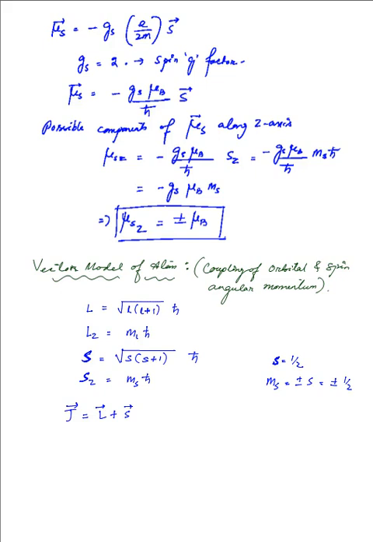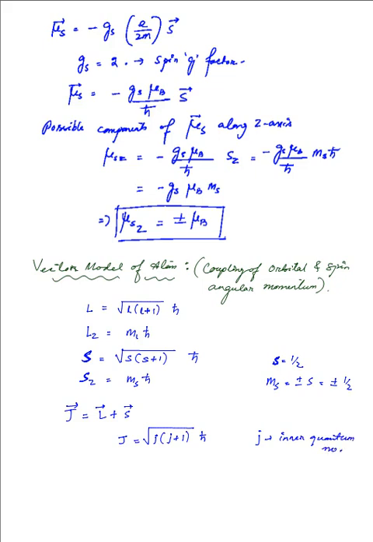According to the quantization conditions that we have studied so far, J will have a magnitude given by square root of j times (j plus 1) h bar. Here j is the inner quantum number, as we call it.